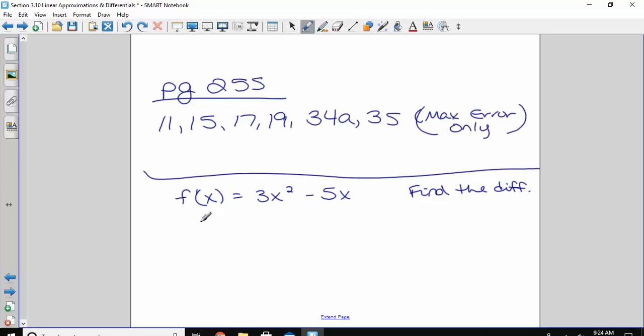If I want to do this derivative, you know your f prime of x is 6x minus 5, so your differential dy, our formula is f prime of x times the dx, and that's all it is. So you're just writing the equation on this.